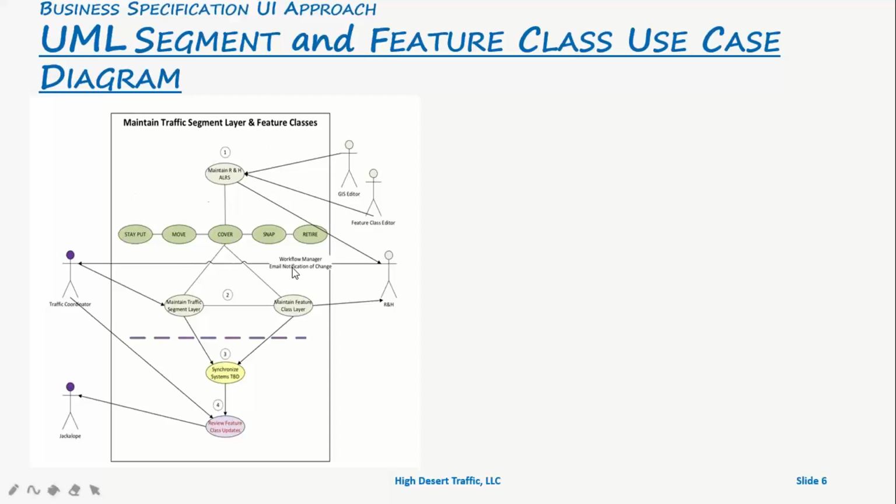All that interaction is happening above the line with a traffic coordinator. Below the line is where the handshake takes place, that interface that Joe will be talking about, how Jackalope is going to be able to accept the changes that are coming through.